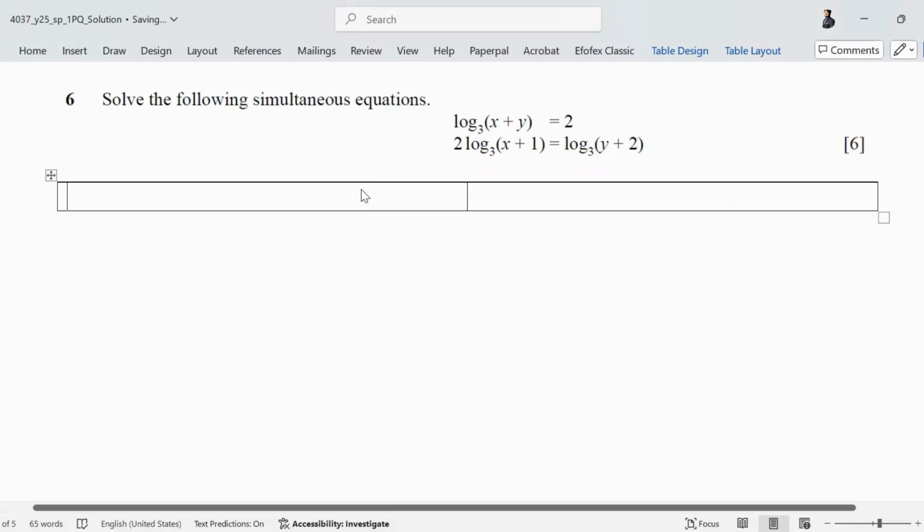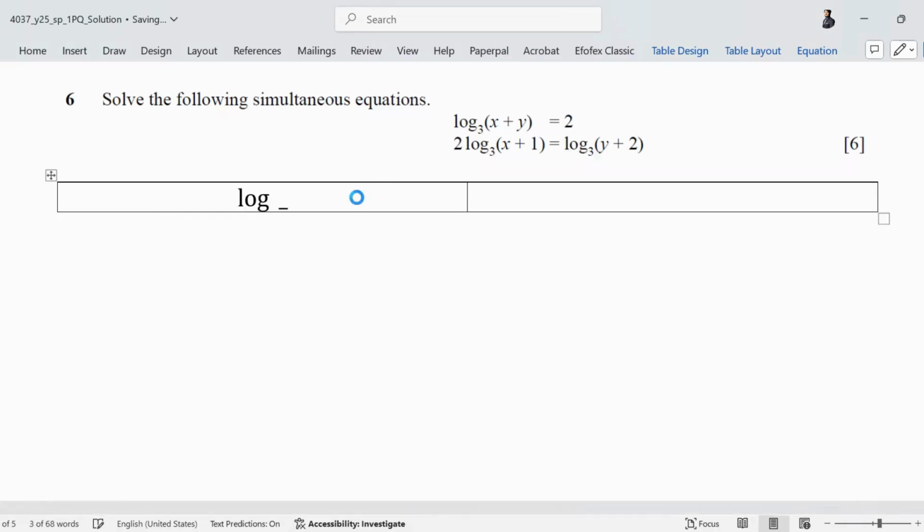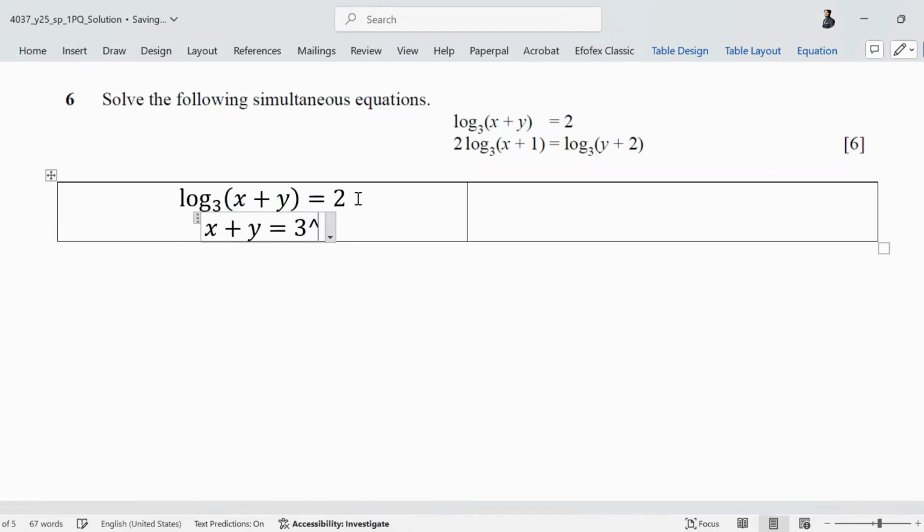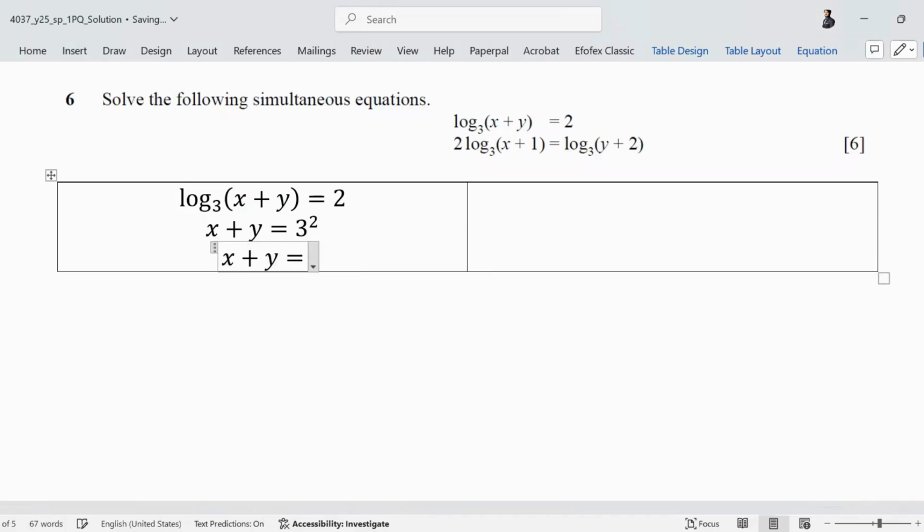Moving on to question number 6, solve the following simultaneous equations. So first we can simplify this. Log base 3 of (x plus y) is 2, so x plus y is 3 squared, which means x plus y is 9. This is one equation.